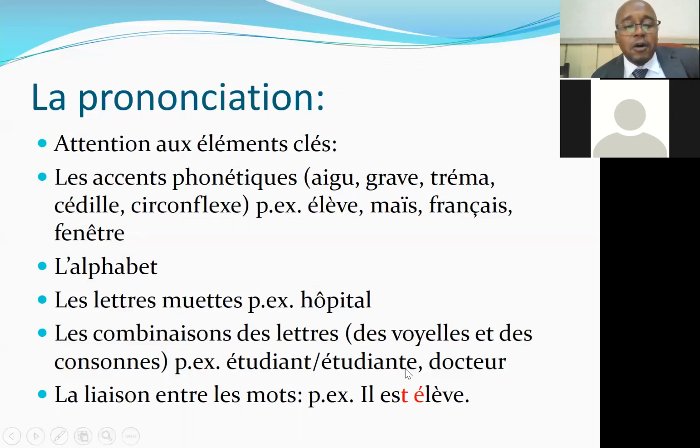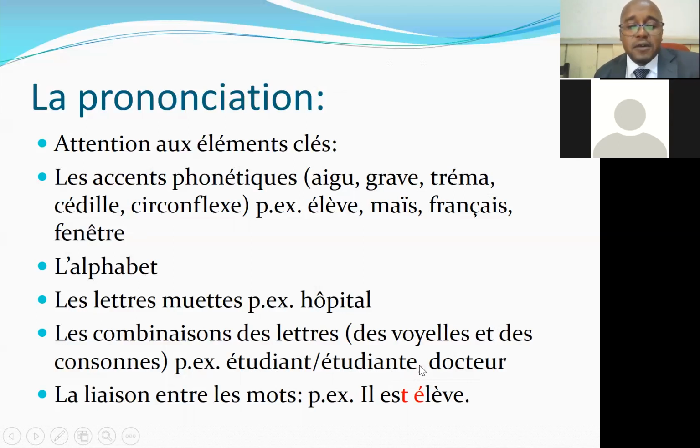Now, the feminine form ends with a vowel, E, voyelle E. The effect of voyelle, especially when E is used, is that it will make the consonant articulated. Now, while we were saying étudiant for the boy, now we are saying étudiante for the girl. Why? Because there is E that comes after T.